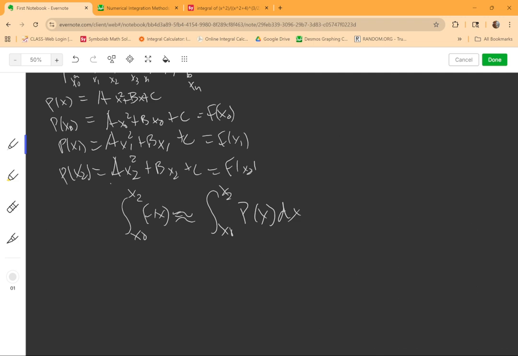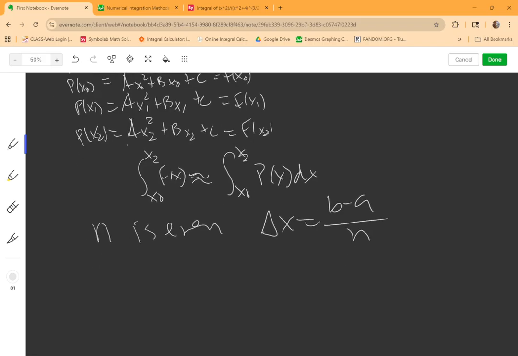As it turns out, after some manipulation and combining of like terms, the one requirement for Simpson's rule is that n does have to be even. Delta x is, as always, regular partitions, so they're all equal, so it's just b minus a over n.